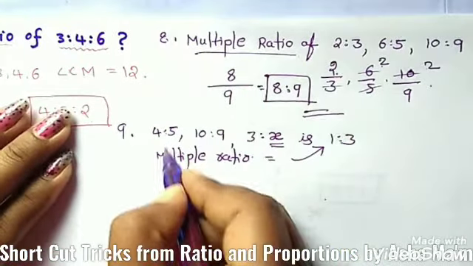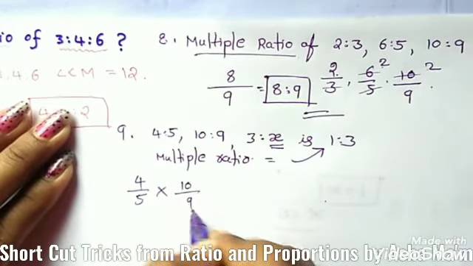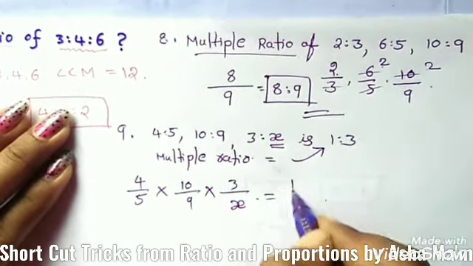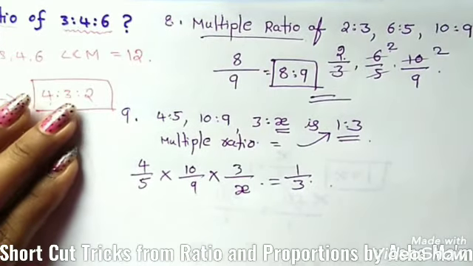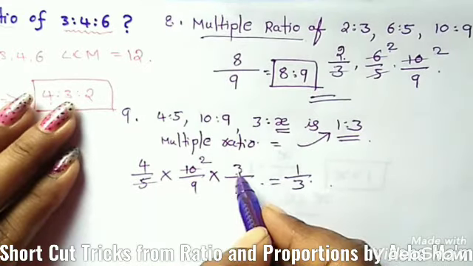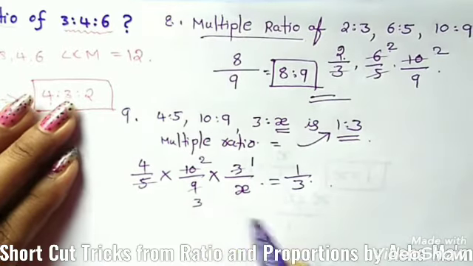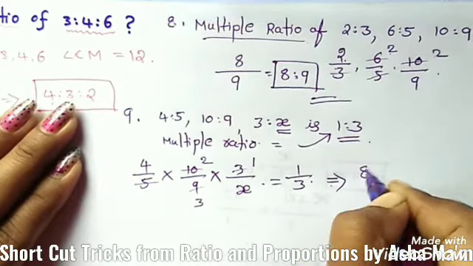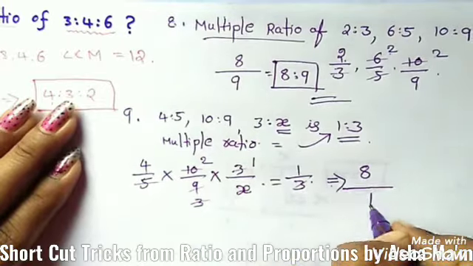Just simply 4 is to 5 means 4 by 5 into 10 by 9 into this is 3 by x is equal to 1 by 3 they have given already. Now we can see any cancellation here. These 5 in this 2 times and this 9 and 3 here 1 time, here 3 times. Now 4 into 2 into 1, that is 8 by these 3 cancel, so 8 by 1.